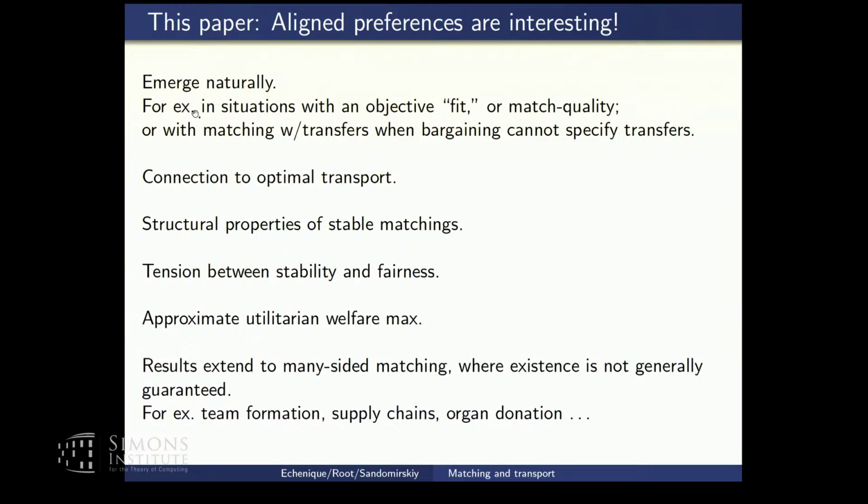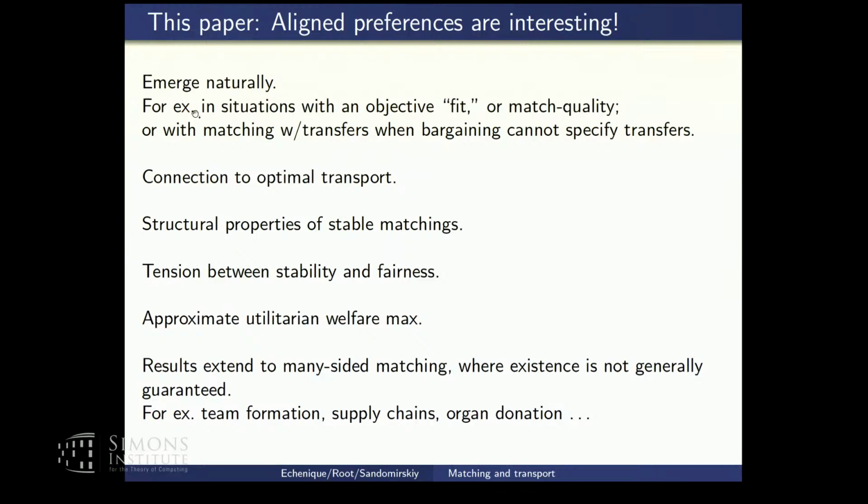Also matching with transfers, like the ones that Bernard was talking about earlier today. In matching with transfers, you imagine that when the agents are bargaining, they're also bargaining over transfers. Also, for example, in the marriage application, when you're bargaining over who's going to be your partner, you're also bargaining with them about the transfers. But you might imagine many situations in which you can't commit to a transfer at the point at which you're bargaining.